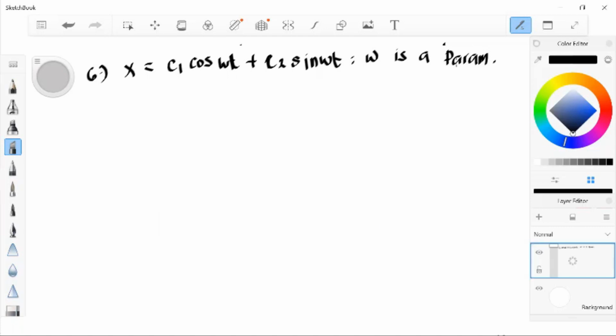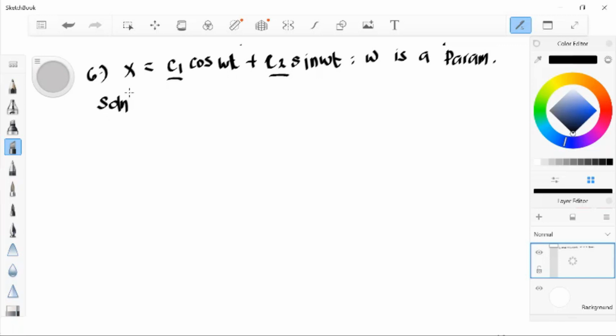For this example, we have two arbitrary constants, c1 and c2. Therefore, we differentiate the equation 2 times.